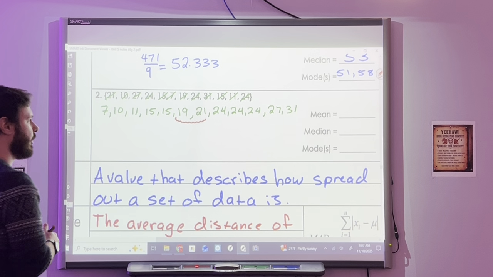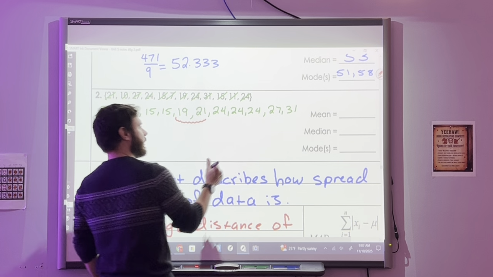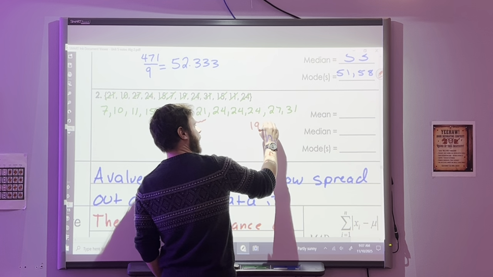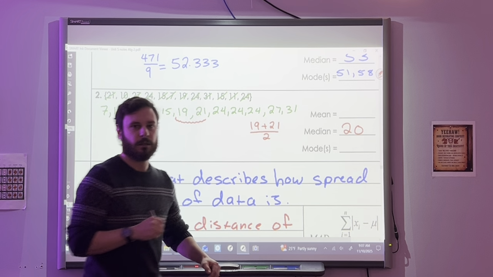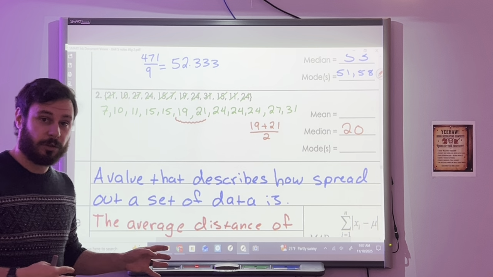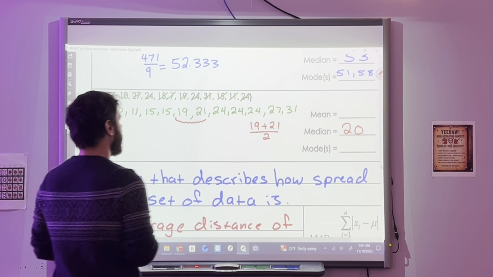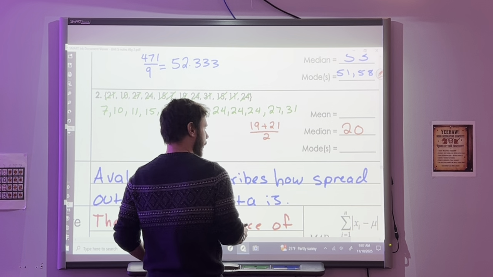How do I figure out what number is exactly between? Well, it's actually easy in this case, but here's how you would do it if it was not easy. You would just add them together and then cut them in half. The middle value is 20. Even though it's not represented in that data set, it's still our middle value. The thing that showed up the most, well, I had 3 24s.